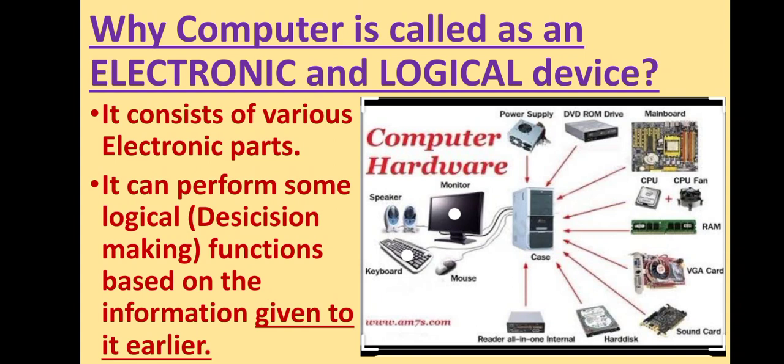As you can see in the picture, inside the system unit, there are many parts like motherboard, RAM, hard disk, etc. These are all electronic devices. That is why it is called an electronic device.